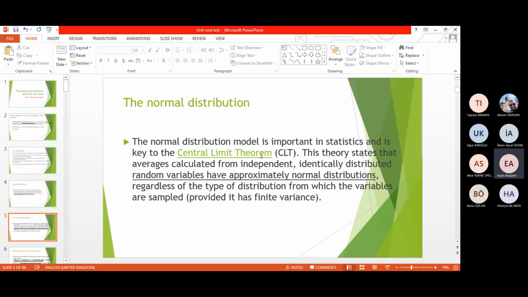The normal distribution is important in statistics, and it is key to the central limit theorem. This theorem states that averages calculated from independent, identically distributed random variables have approximately normal distributions, regardless of the type of distribution from which the variables are sampled, provided it has finite variance.